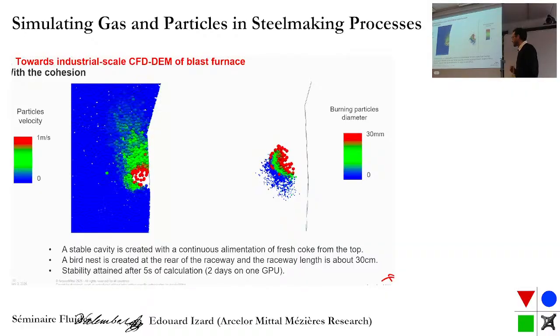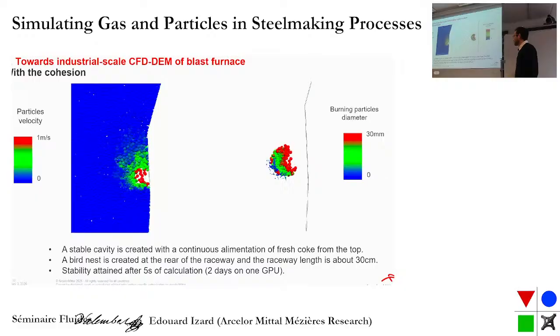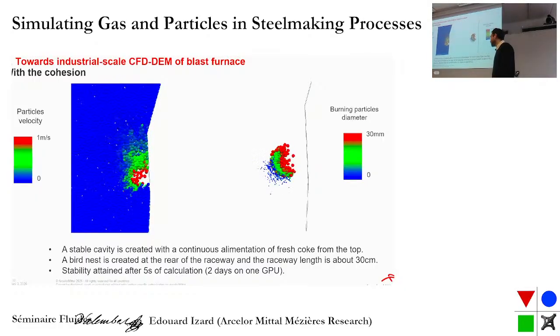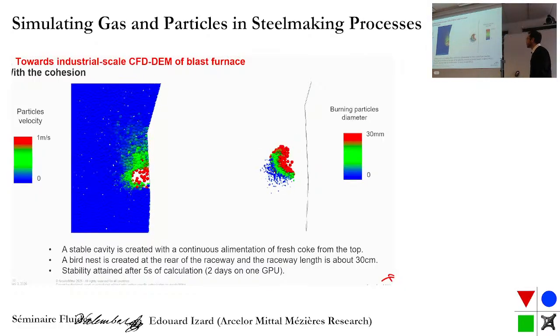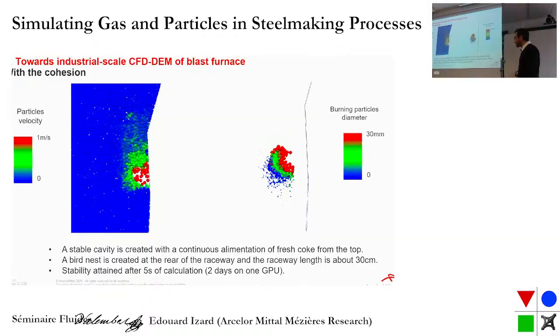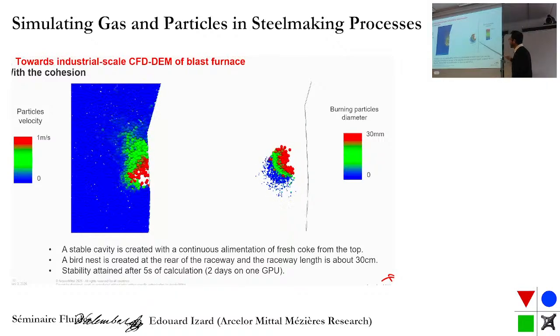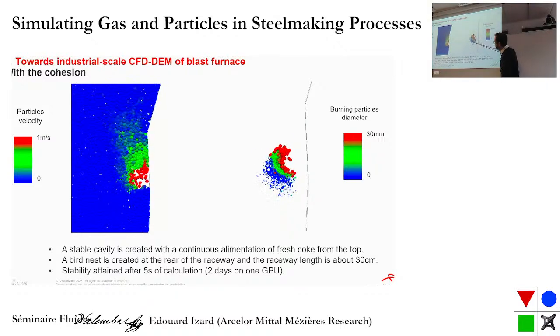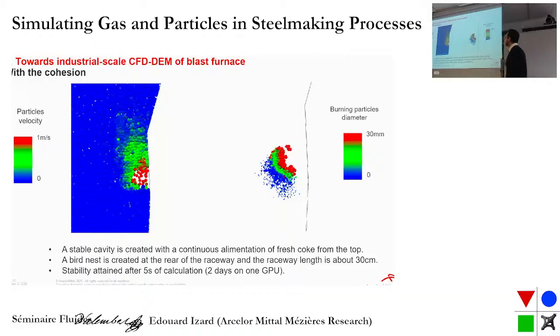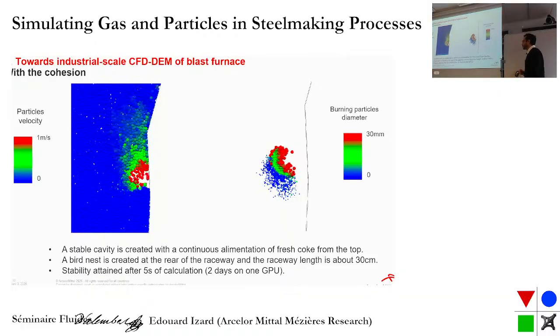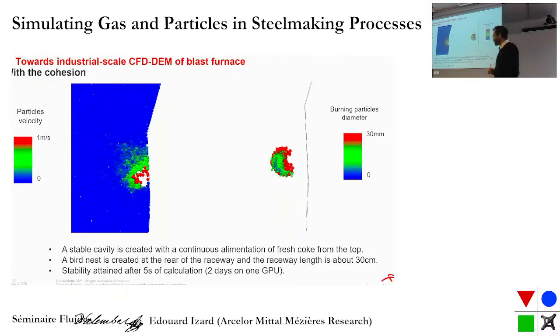That's what they think, and what is in the literature also. So we have observed the same thing, that we have a quite continuous flow. And we also have the fines that are going at the rear of the cavity. So that's what we have observed.